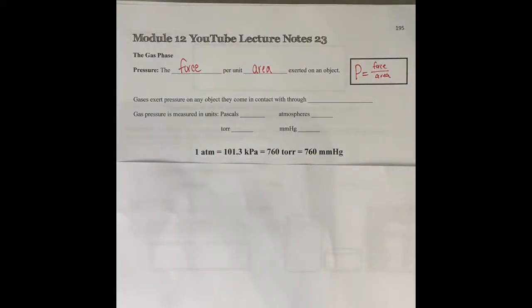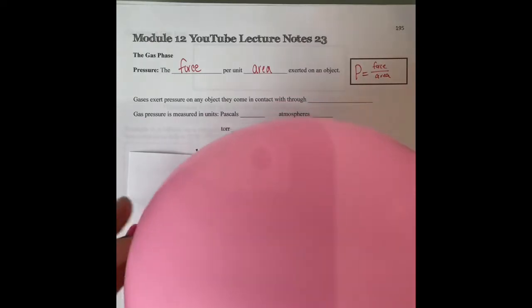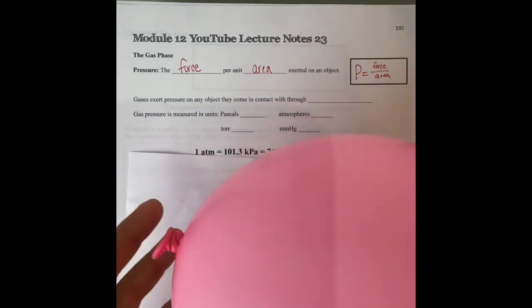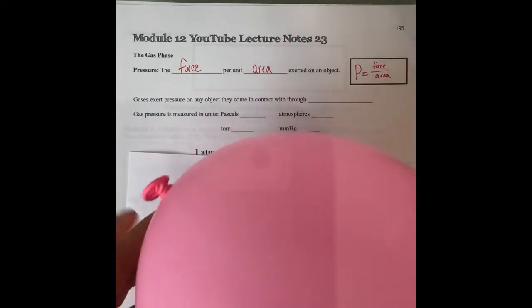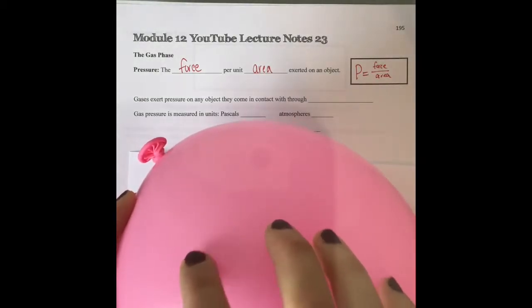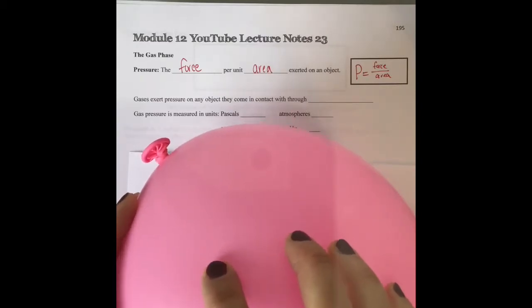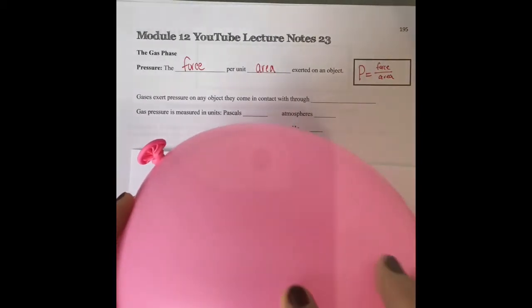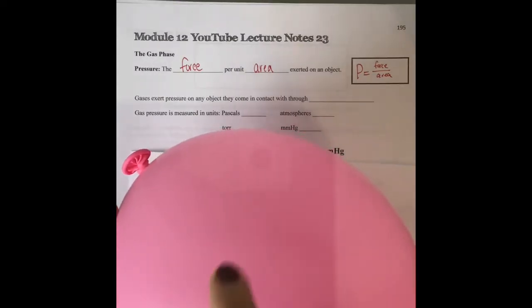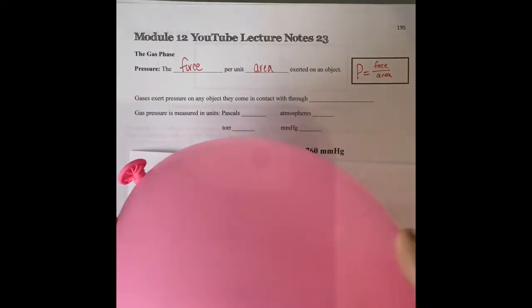Okay, so I want you to think about how gases exert pressure. So here I have a balloon and I filled it up with gas or air. Okay, and I want you to think about what is happening to the air molecules that are inside this balloon. Are they staying still? No, they are moving all about and they are colliding with the walls of the balloon, exerting pressure.